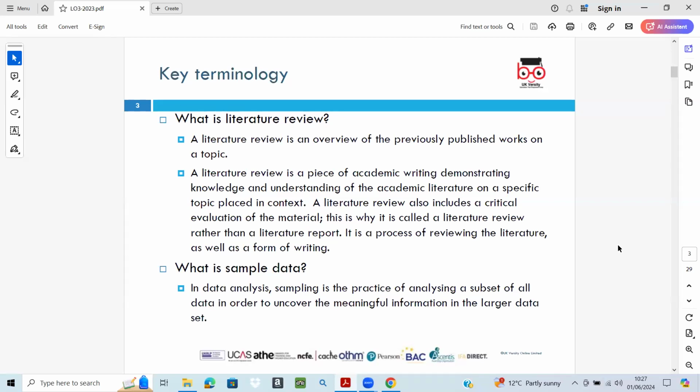Types of sampling: we have random sampling, stratified sampling, then we have convenience sampling.